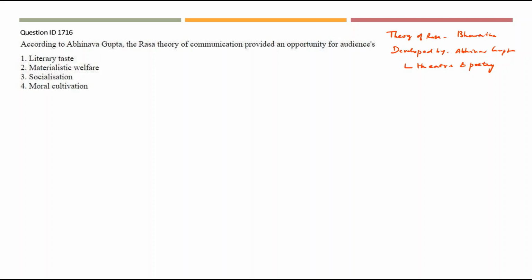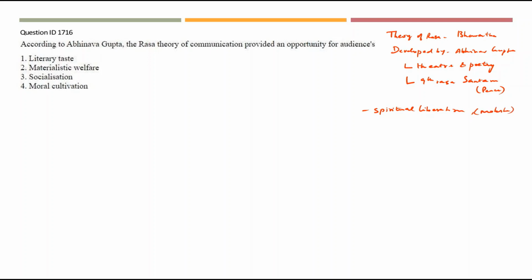He was the one who introduced the ninth rasa called Santam. Santam denotes peace. He says that this experience of tranquility or peace is equivalent with moksha. So he compares the ninth rasa's experience to that of spiritual liberation, which is the goal of human life. That's what we termed as moksha.